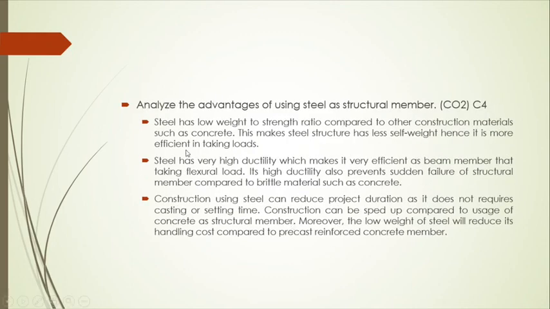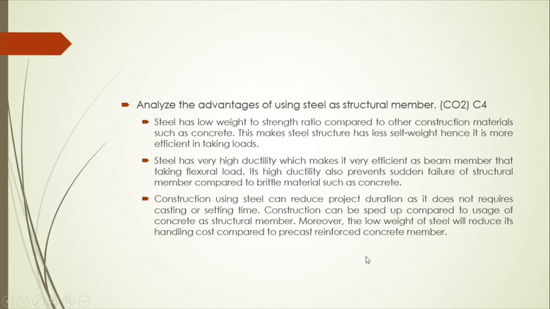Another example question is: what is the advantage of using steel? As we know, low weight, high ductility, and also speed. We can expedite the construction duration because it's a prefabricated process.